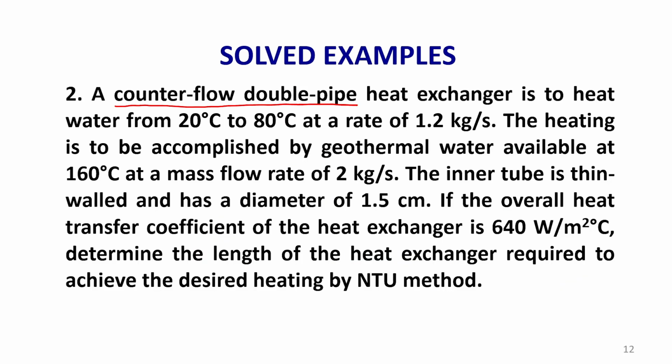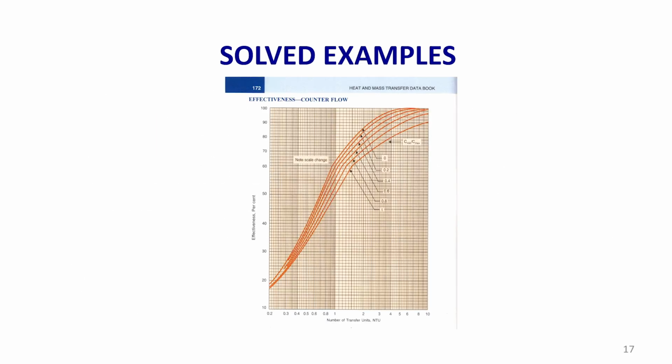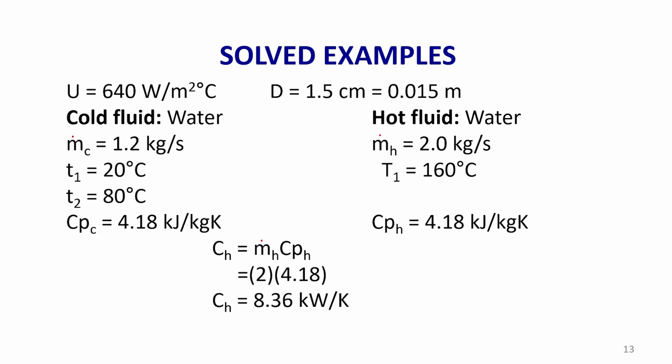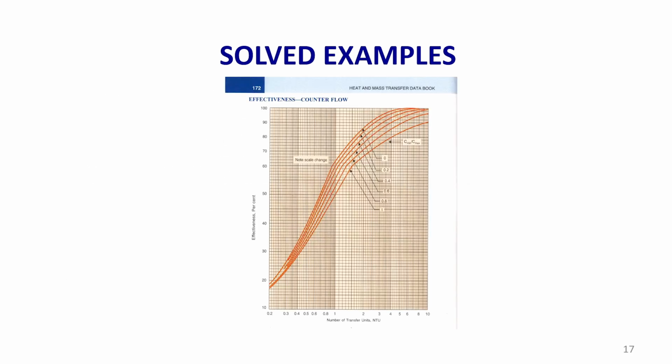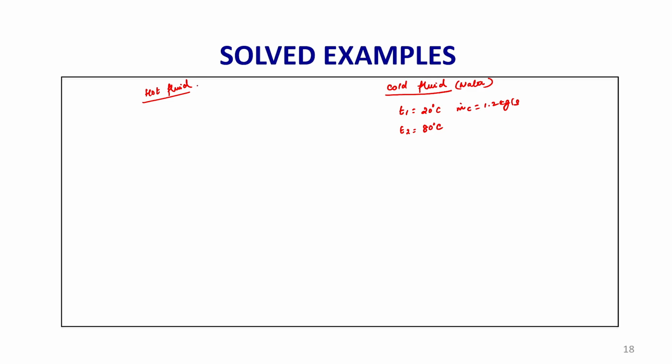This water is heated by geothermal water available at 160 degrees centigrade. Okay. So that is also water, it should be hot water. So the hot fluid is also water.